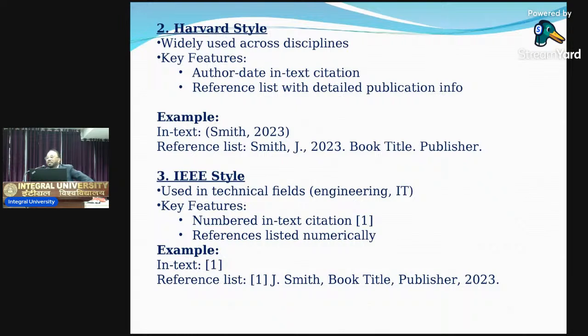So that is to be used in engineering research, with numbered in-text citation; in a bracket you can write 1, and the reference list is numerical. So you start giving numbering from your first reference to the last reference. That will be better. So for Smith's book, first we write the number in brackets, 1, then Smith, book title, publisher, and the last is the date. So this is the IEEE style of referencing.